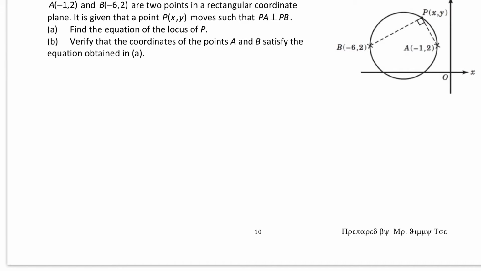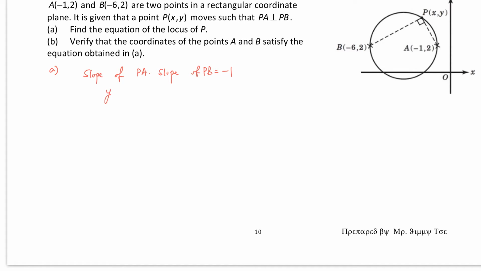You can set up the equation by using the relationship between P and AB. PA is perpendicular to PB, so I know the slope of PA times the slope of PB must be equal to -1.